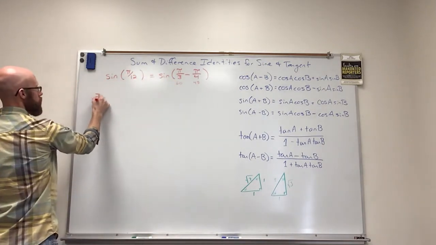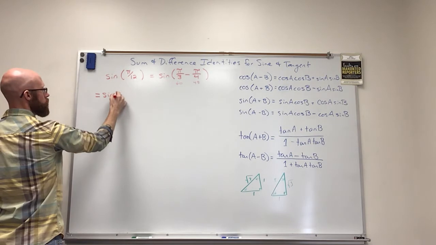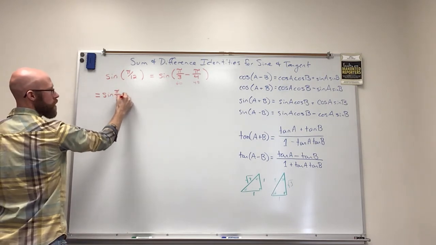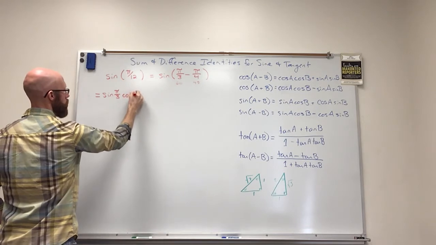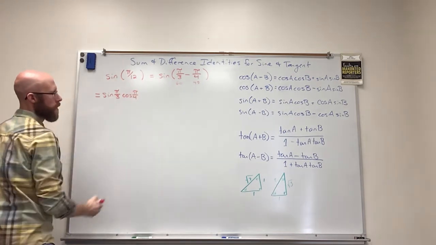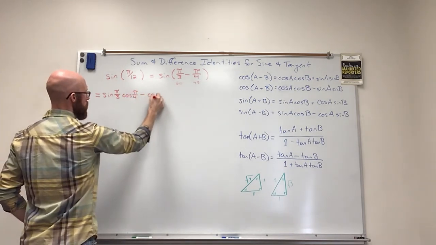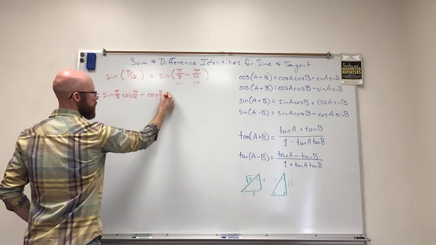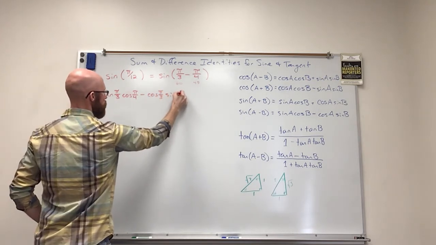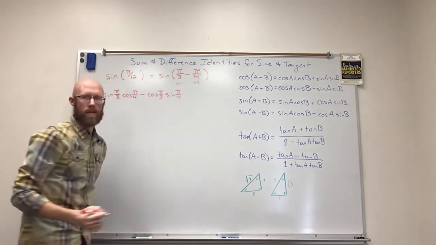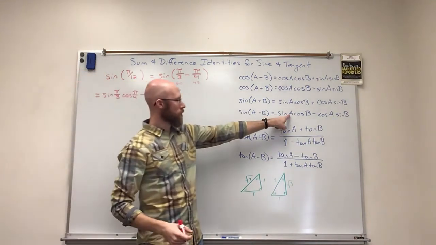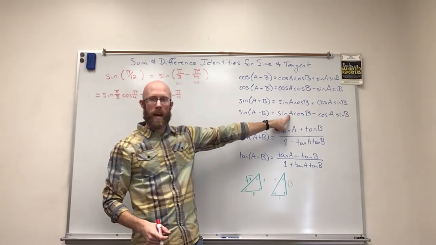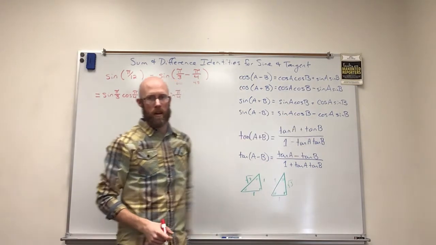We get the sine of a, which is pi over 3, times the cosine of b, which is pi over 4, minus the cosine of a, which is pi over 3, times the sine of b, which is pi over 4. All I'm doing is substituting pi over 3 for the a values, pi over 4 for the b values.